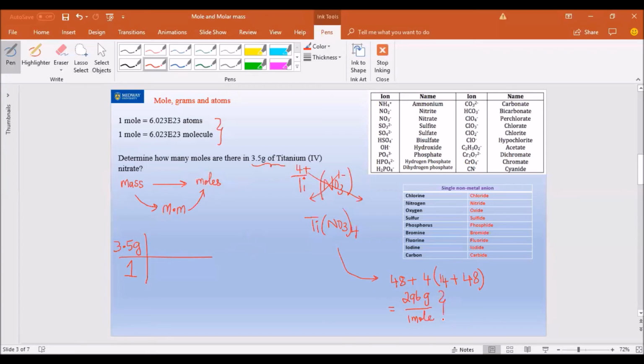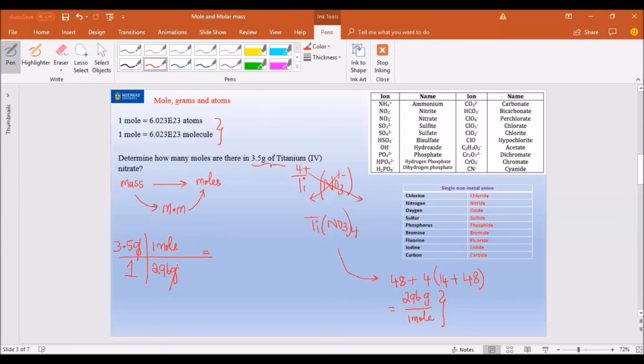We have this piece of information. We want moles. We don't want grams. Whatever you start with, you don't want it when you're done, right? So should we put the 296 gram on the top or on the bottom? Think about it. We're trying to cancel out the grams. So we're going to put the 296 gram on the bottom and the 1 mole at the top. So that would be basically this.